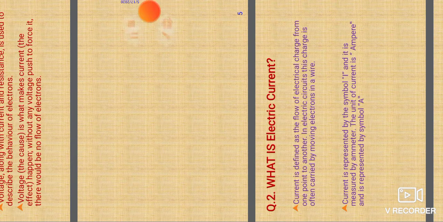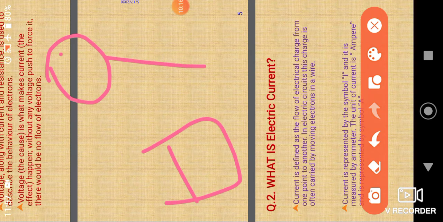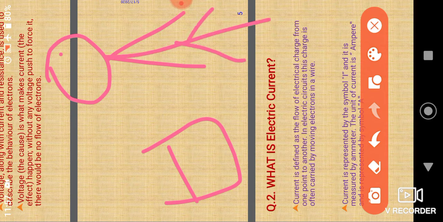How? As in the example shown to you, you want to throw this glass of water, so you are forcing. After forcing, some water will be thrown to the man. So without force, is it going to happen automatically?